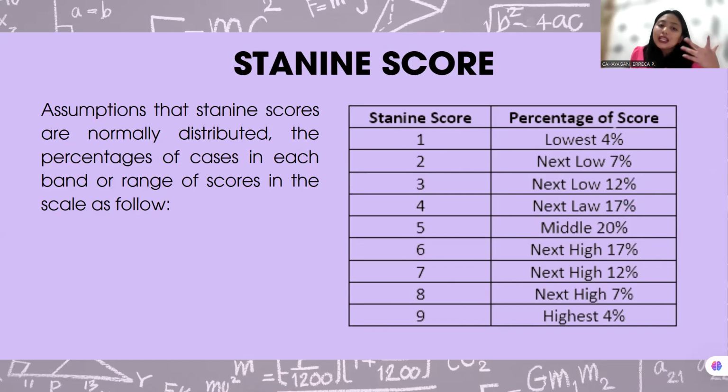That is why stanine is broad, as even though you have different scores, for example, your score is 9 and her score is 7, you have the same stanine score, which falls into stanine 8, which is a high percentage of scores.